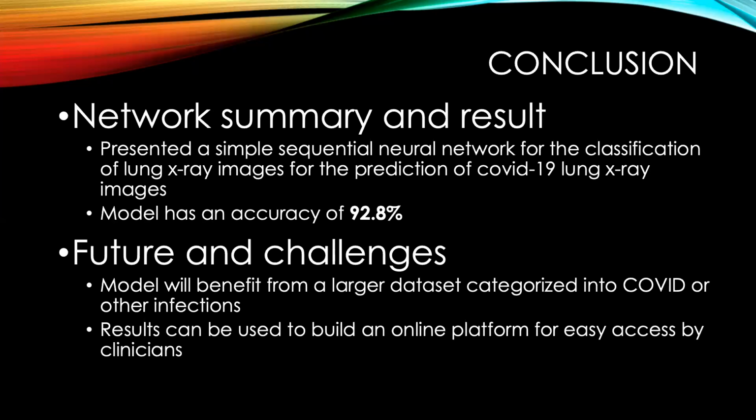I believe we could have higher accuracies with larger data sets and better pre-processing, because here I didn't do much pre-processing except to resize the images. So with larger data sets, models should be better.